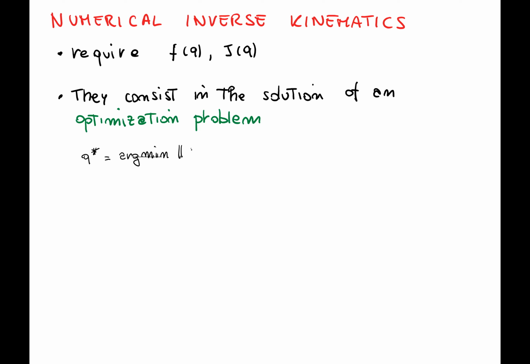We want to build a function like this. And this function is always positive because we have a squared norm if you are not in the solution. And if we are in the solution of the inverse kinematics, which means we have a joint variable for which we achieve the desired end effector, then this cost goes to 0.